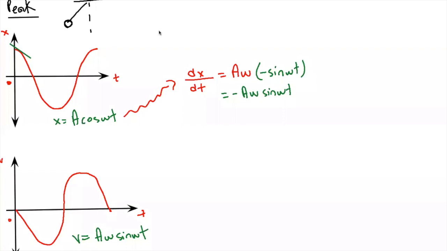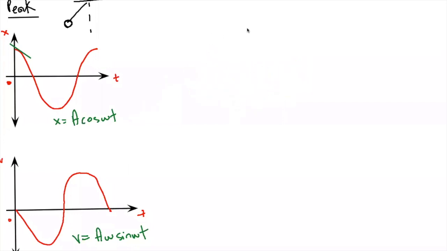Now, for those who study bio, I have a better solution for you. So according to math, we have just proved that for peak position, the actual equation is minus a omega sine omega t.